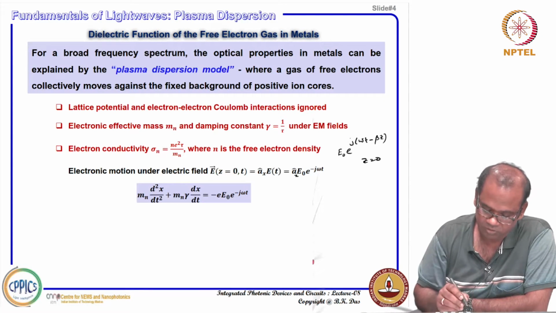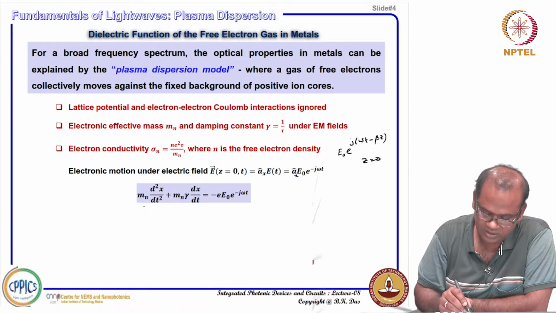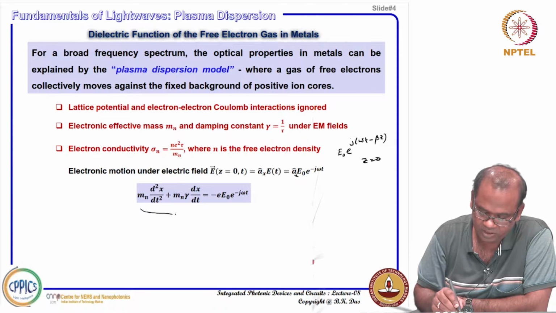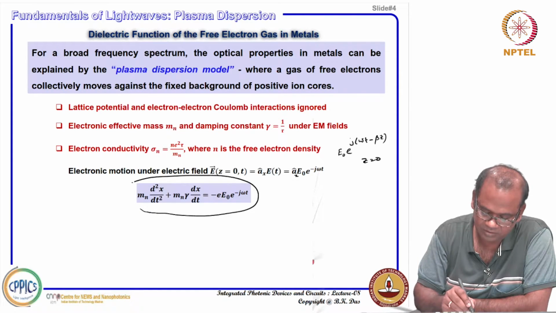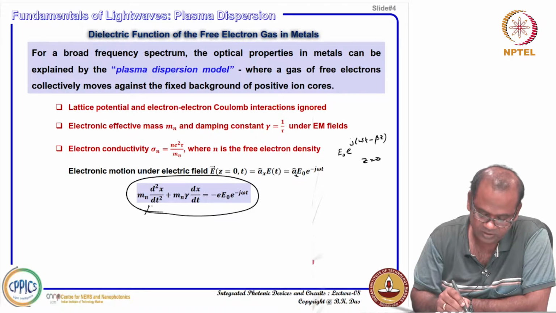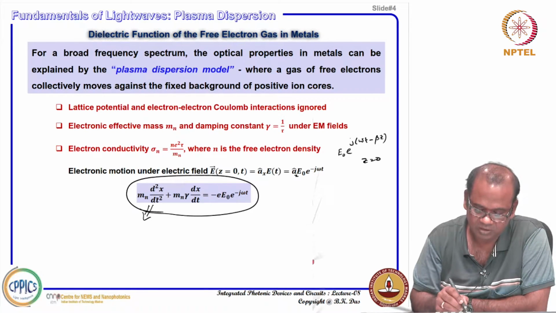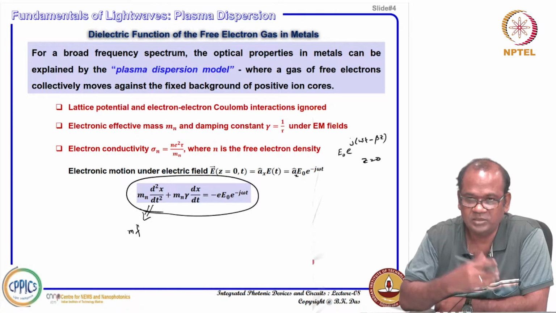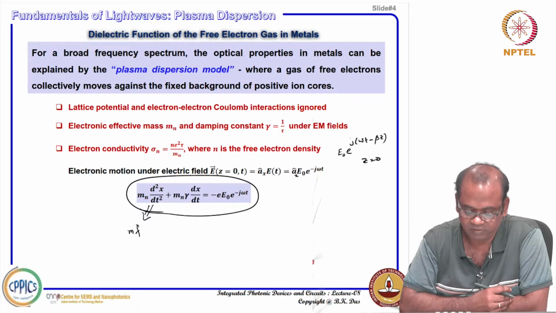Okay. So, in that case we can consider this equation of motion, where the first term is just m times the acceleration of the electron, a one-dimensional acceleration, that is a force.